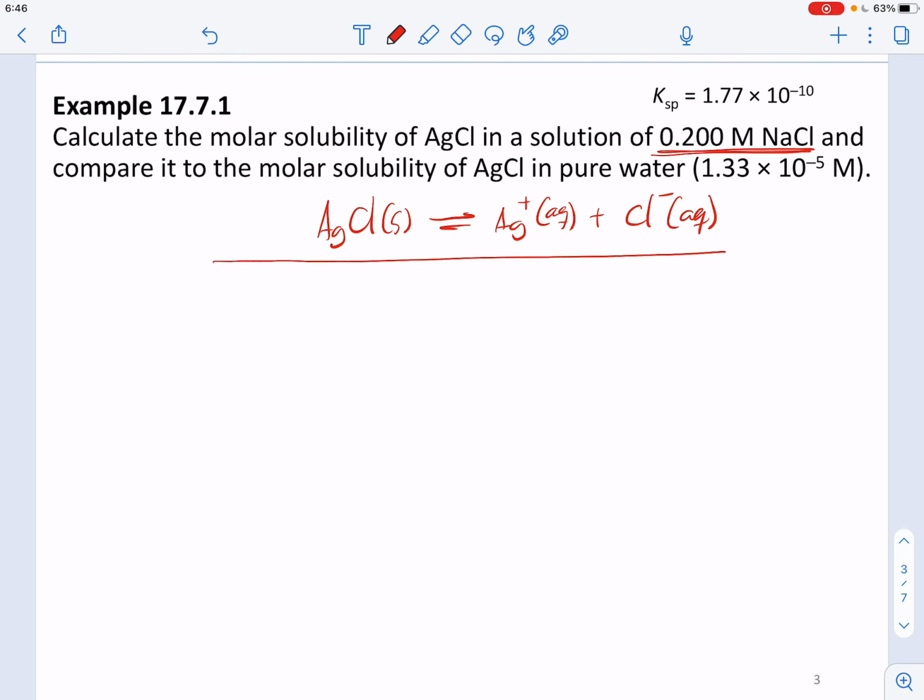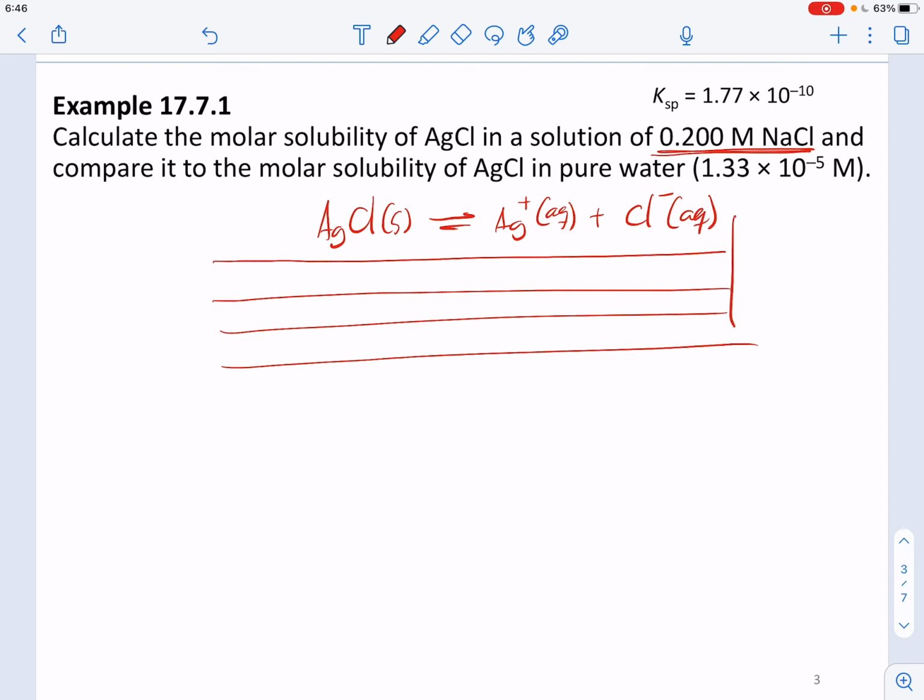And when we build our ICE table, we have to take into consideration how much chloride you have to begin with. All right? So now initially you have 0.2 of this. And let's call this x. Not excess, but x is the amount of solid that you will be able to dissolve. Okay? Meaning all of that amount x will be dissolved.